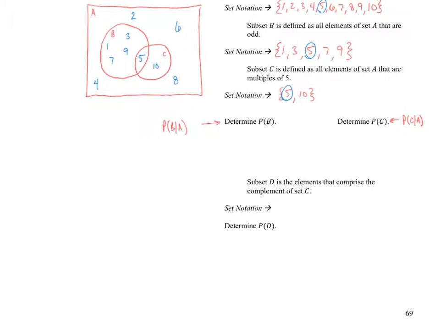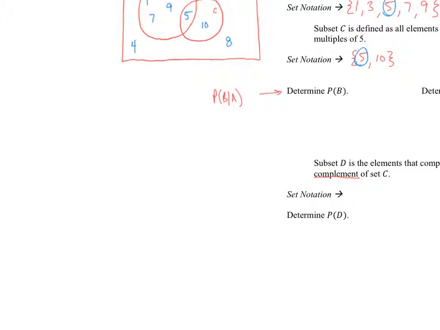But now I want to talk about a new term, which is this word complement, which we have not used within the context of math or probability until now. So what we're going to do is we're going to define the complement of a set. The complement.